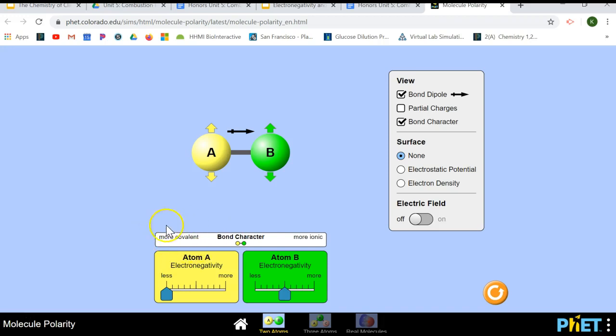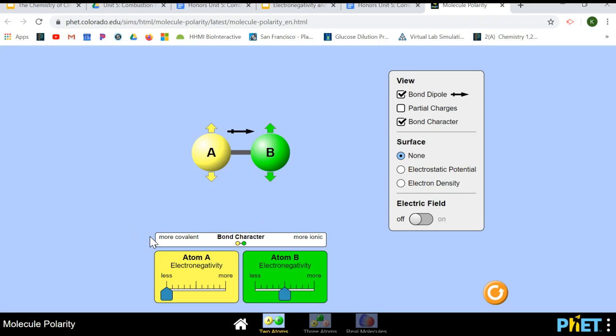For covalent, you can use the analogy of a tug of war. In a covalent tug of war, two equal forces are pulling at the rope at the same time, so they are not able to pull one electron off the other. Instead they share the electron because one is not stronger than the other. And we're going to explore how electronegativity affects that bond character.